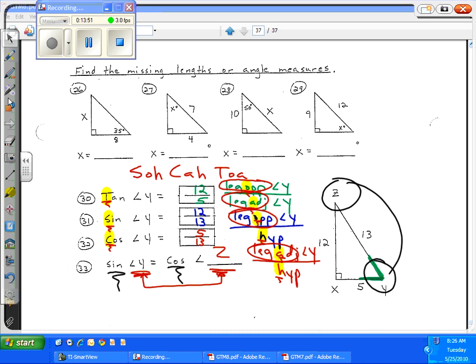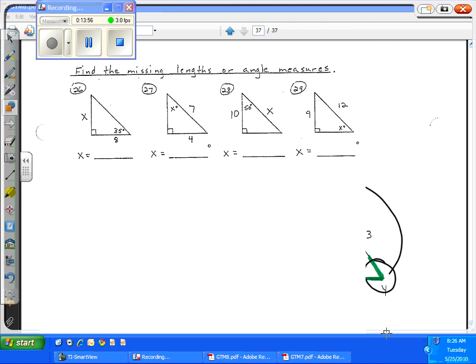So number 26 through 29, we're going to use those trigonometric ratios to solve these right triangles. Now, we cannot use the Pythagorean theorem on 26 through 29 because we don't know two sides and are looking for a third side. On 27, we know two sides, but we weren't looking for the third side.